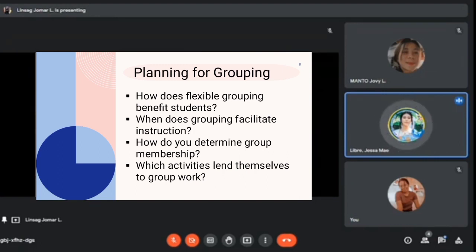Second, when does grouping facilitate instruction? Does grouping help to easily accomplish instruction and tests? Third, how do you determine group membership? Is it by grade level, or by interest, or by readiness? And the last, which activities lend themselves to group work?